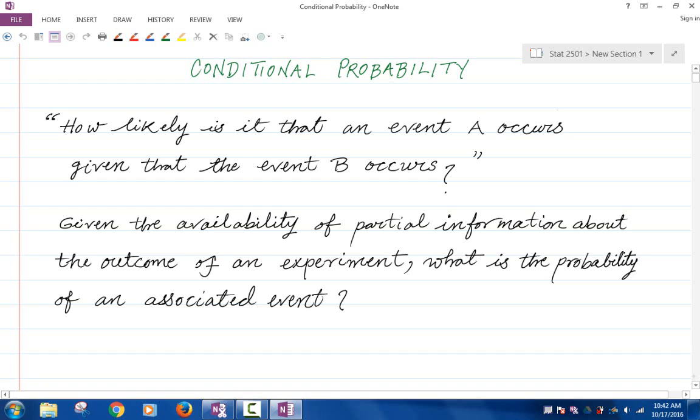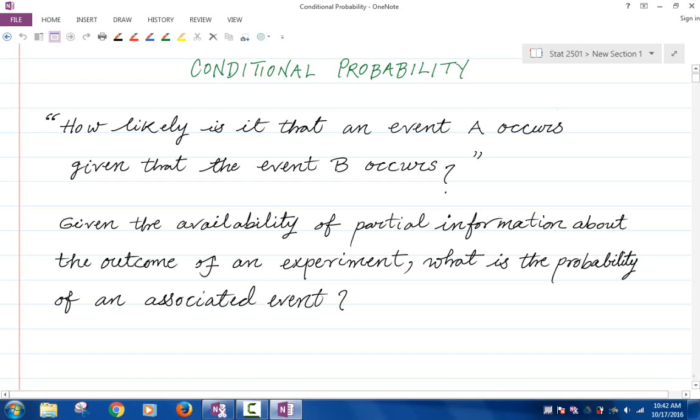So you see, if you know that the event B has occurred and A is an associated event, we want to know what's the probability of A knowing that B has occurred. Does that make sense?